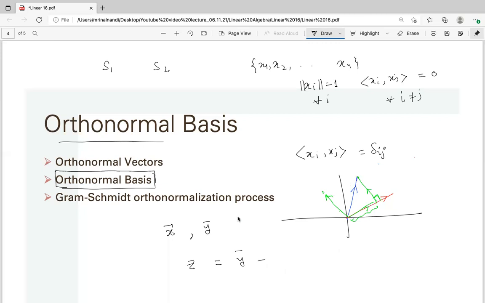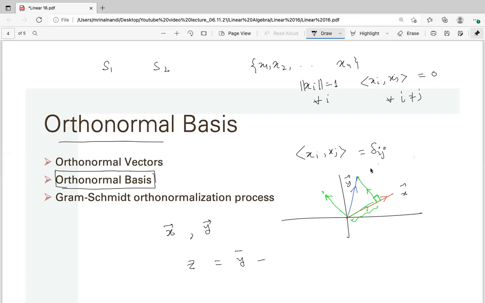Y is the blue vector, and x is the red vector. That is called the component. Sorry, it is not the projection. Projection is the length of this vector, and this whole vector is called the component. So it is the component of the blue vector, the y vector, along the x vector.